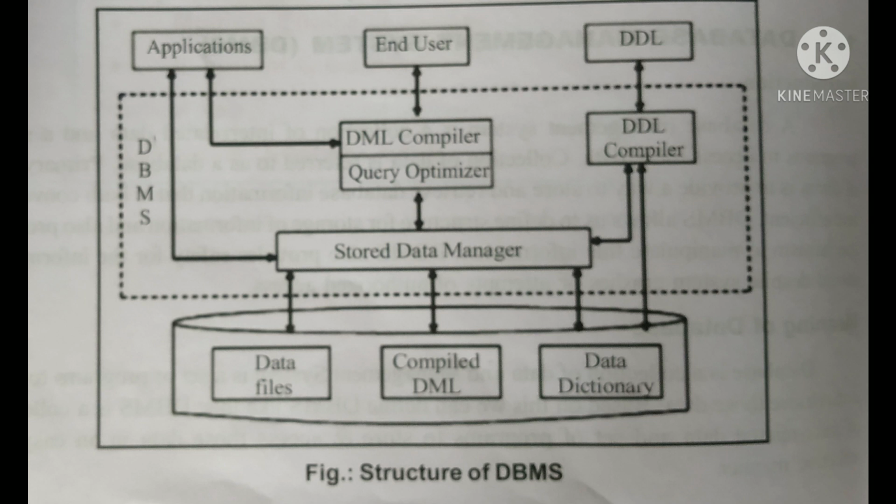Since the file-based system is used by smaller organizations or individual users, it stores a comparatively lesser amount of data. Hence the data can be accessed faster and more easily.